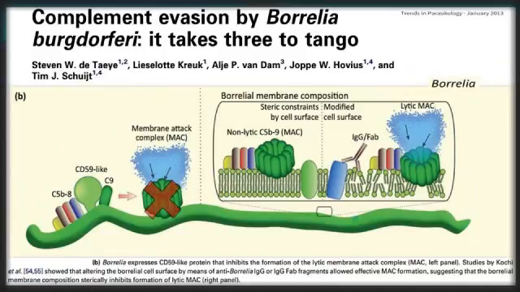Okay, when you look at the actual Borrelia, you can see that it's destroying the MAC complex, right? And the MAC complex is what actually goes on to kill the Borrelia. So it's got strategies to turn off the complex that actually kills the Borrelia.